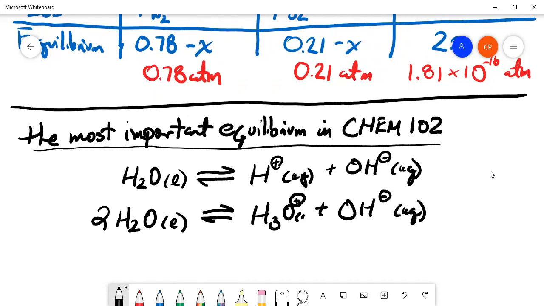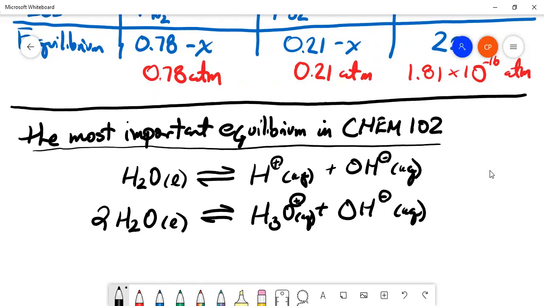But whichever way I prefer it, on the left side, I have H2O in its common form. And on the right side, I have ions. One side of this equation represents a dispersed phase. The other side represents a condensed phase.